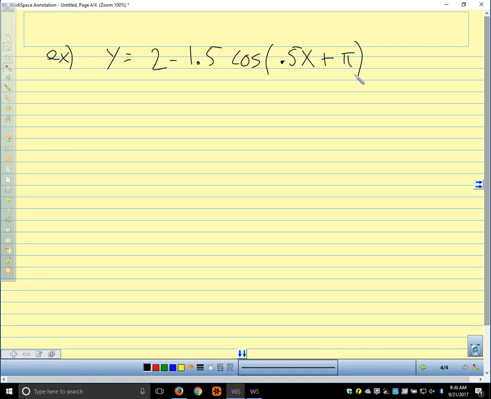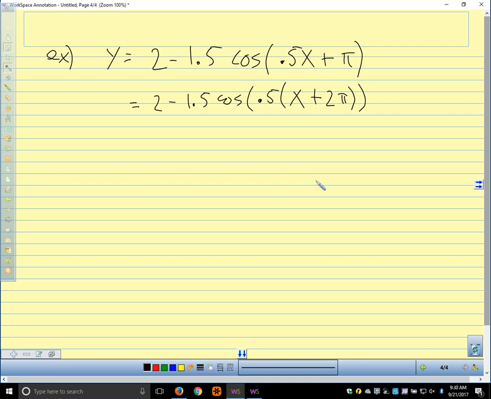All right, so here is our function that we want to graph. First thing that I'm going to do immediately when I see it like this, I'm going to factor here 2 minus 1.5 cosine of 0.5 x plus, and when I factor a 1/2 out of here, what does that do? What do I end up with? When I divide by 1/2, so we get 2 pi.